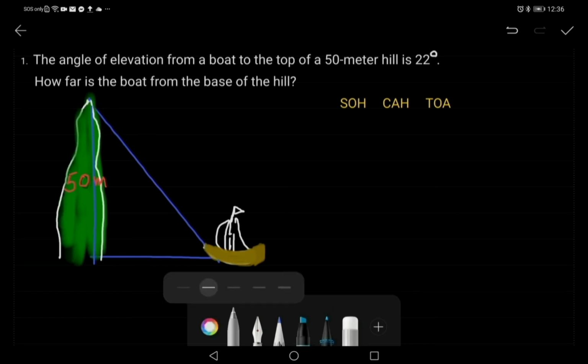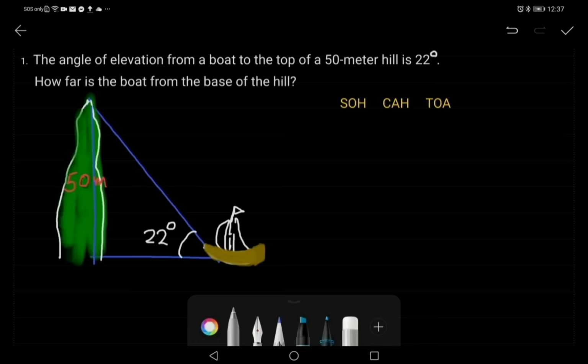And the angle of elevation from the boat is 22 degrees. This is the angle of elevation, looking upward. So we will solve for the distance.